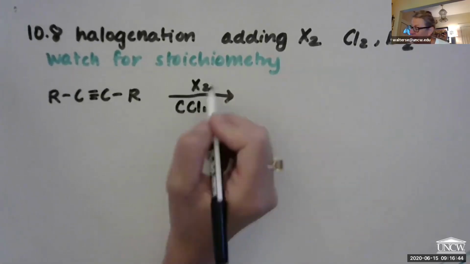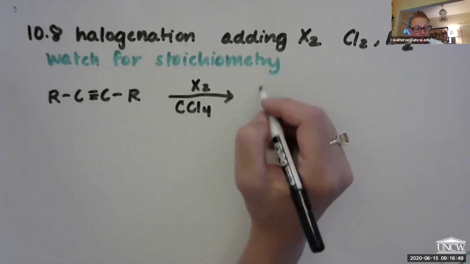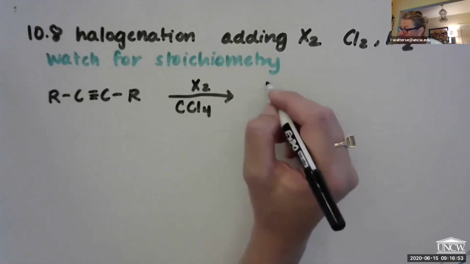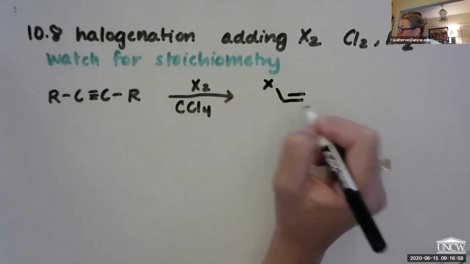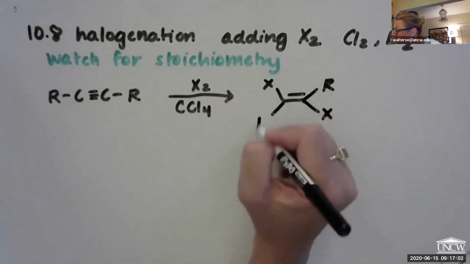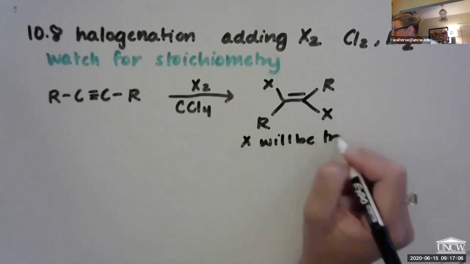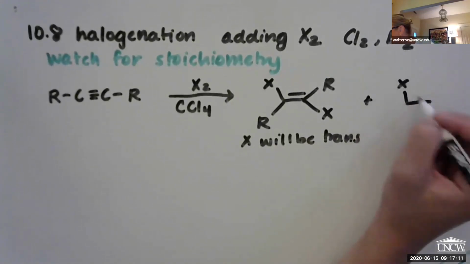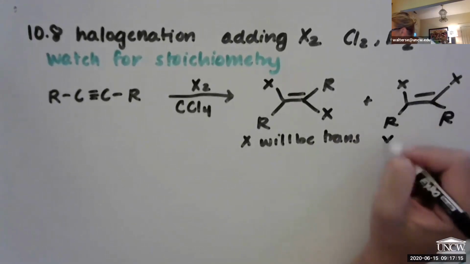But if you only have one equivalent or you have no stoichiometry shown, then the assumption is that you're going to make a mixture of alkene products with respect to your X groups. The X will be trans, or you're going to make, and you make both of these products, but the other option is that the X's would be cis.